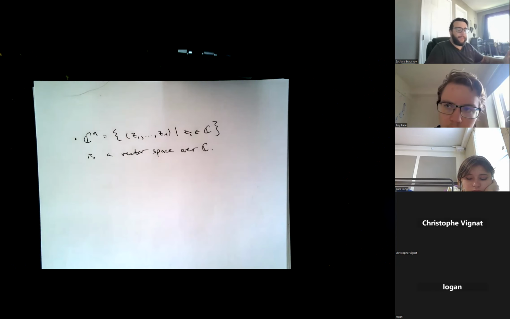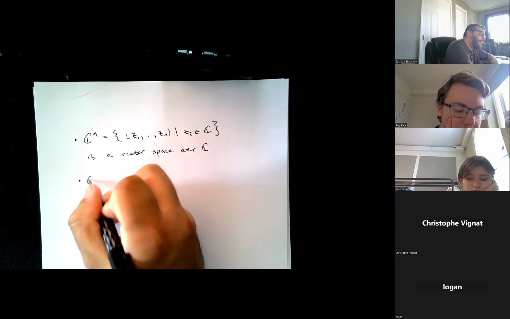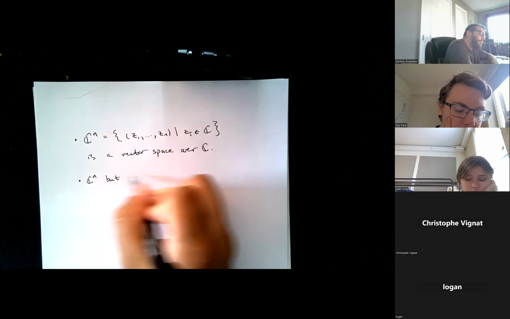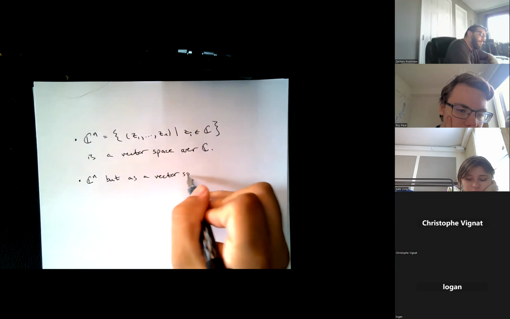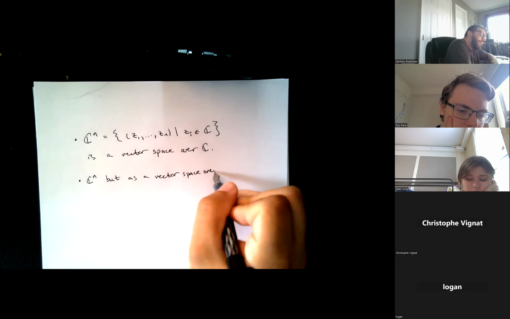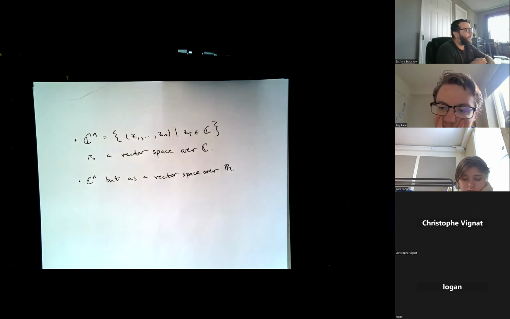But note that it is also a vector space over R. So we can also do Cn, but as a vector space over R.